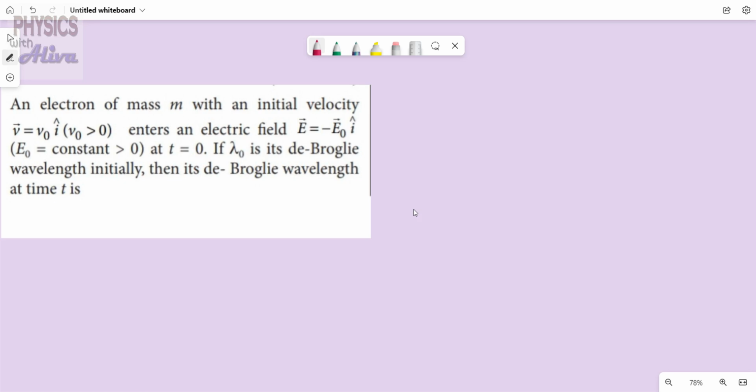Okay, we all know the formula of the de Broglie wavelength: lambda equals h by p, where h is the Planck's constant and p is the momentum, right? We know momentum is equal to mass into velocity. So at time t equals 0, the velocity was v naught i cap.